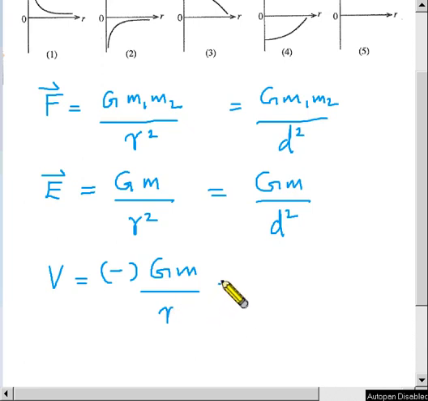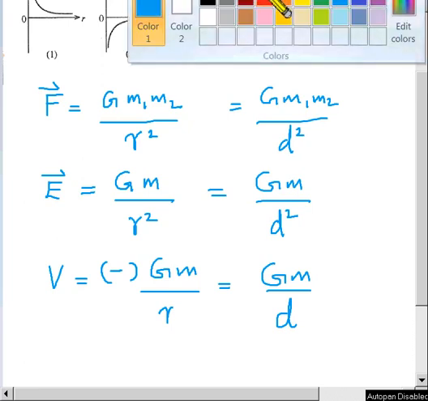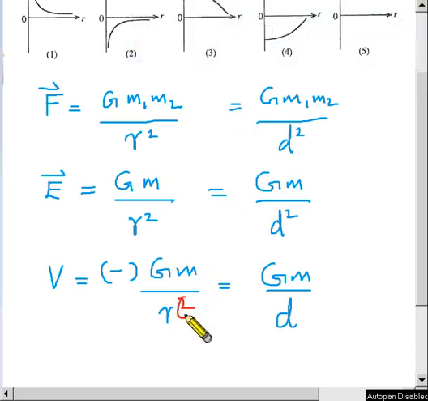That must be in your mind, otherwise you can't answer this question. Then G m divided by d. All other equations have this power 2, that is squared, but here only r at the denominator. Another difference is that the minus sign is there.